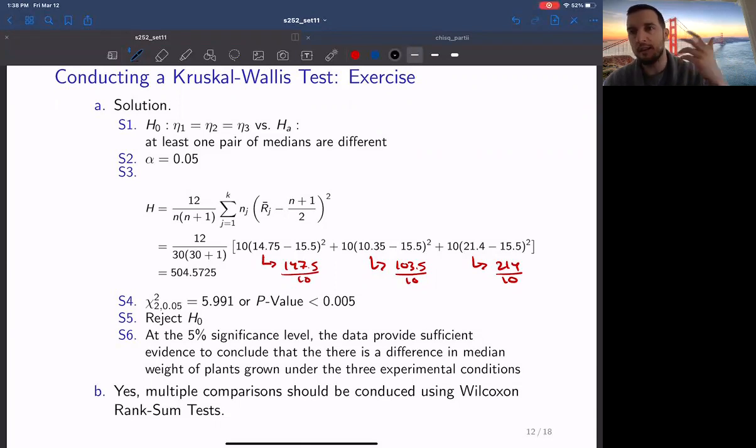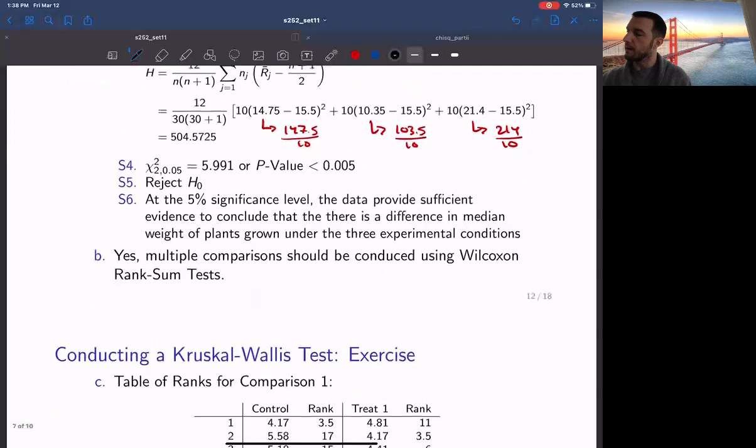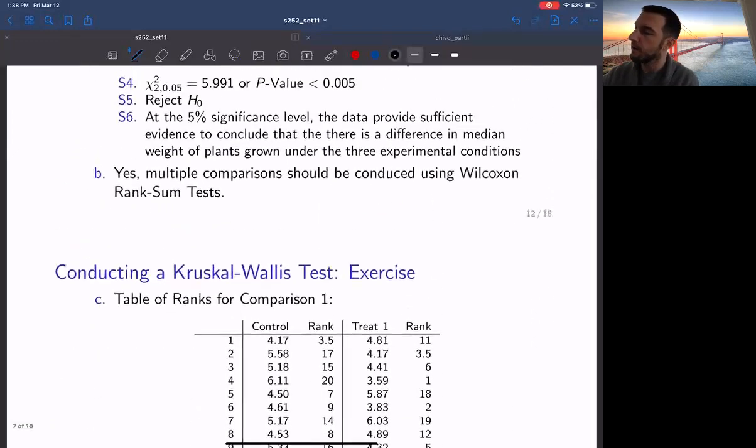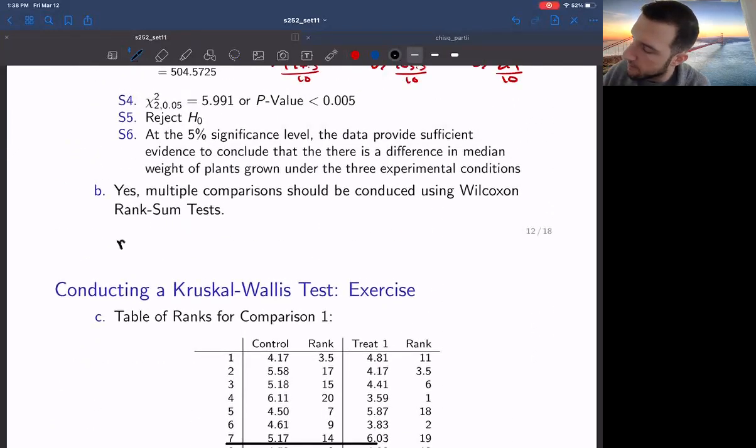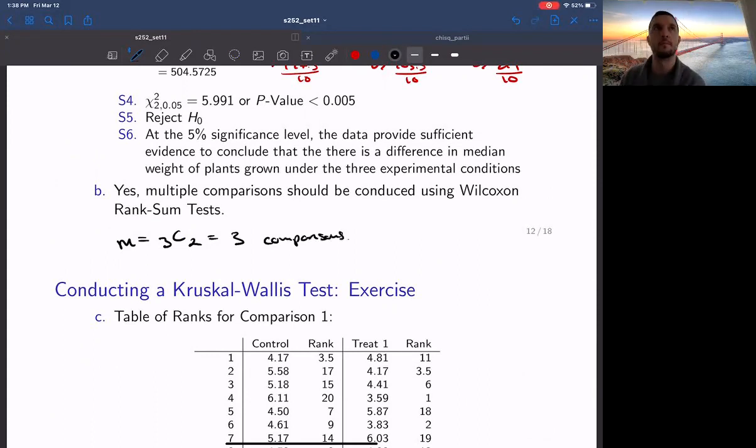So again, you can see the same rationale that we had for the one-way ANOVA. Okay, the Kruskal-Wallis test is a non-parametric test. So we're going to follow that up by doing multiple comparisons using the Wilcoxon rank sum test. All right, so for this illustration, m is equal to 3 choose 2, which is equal to 3 comparisons.